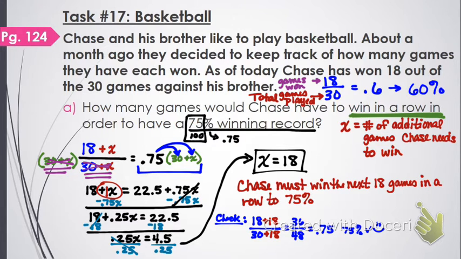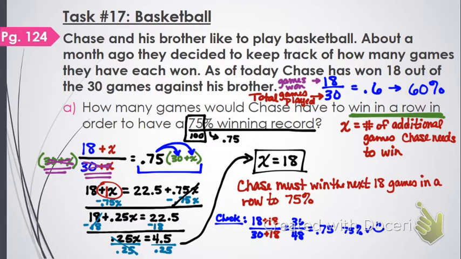I want you guys to look at part B. What's the only thing that's different about part B than part A? It's 90%. So what's the only thing that would be different in my setup for that problem? Well, what was the percent on the last one? 75.